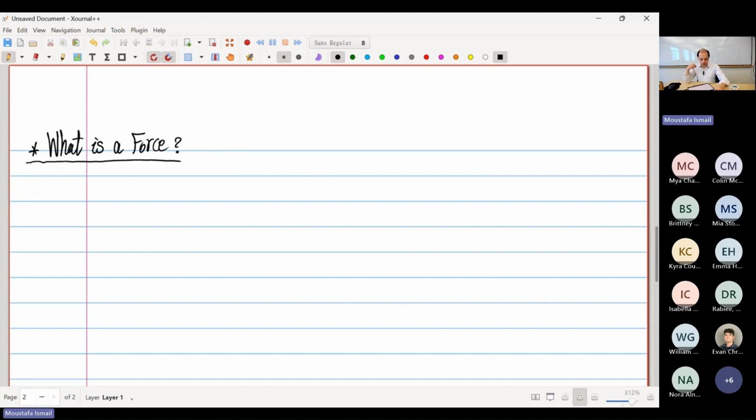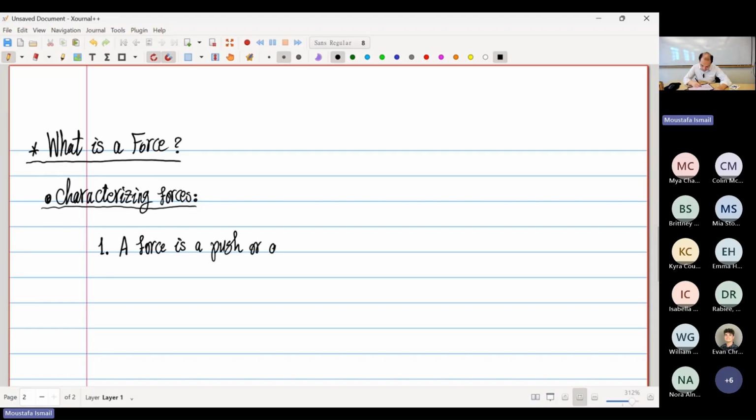So let's see how to characterize forces, characterizing forces by features they have in common. So a force is a push or a pull. That's essentially how we think of a force.